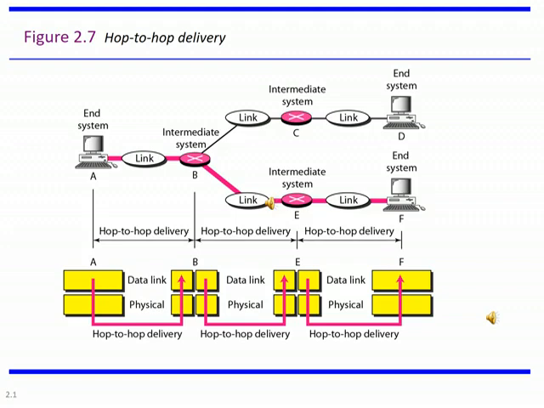Now, Boma, hot-to-hot delivery system. Now, station A, B, E, and F. So, she the data link the physical layer. B, she the data link physical layer and hot-to-hot delivery line. Set out it. To B, she the physical layer and data link physical layer. E, she the data link physical layer or hot-to-hot delivery line. Set out low.